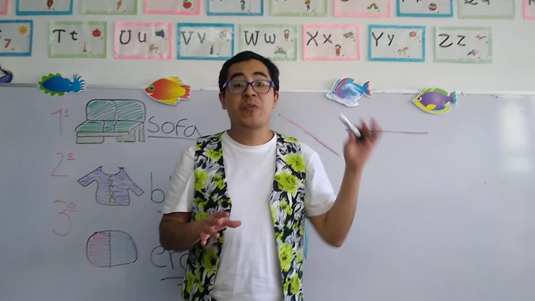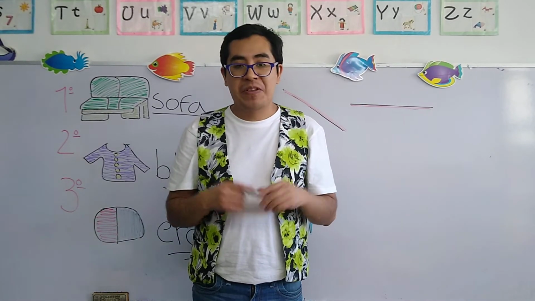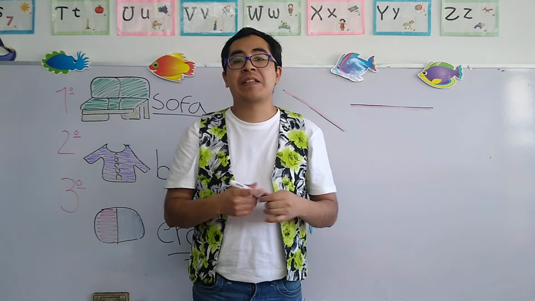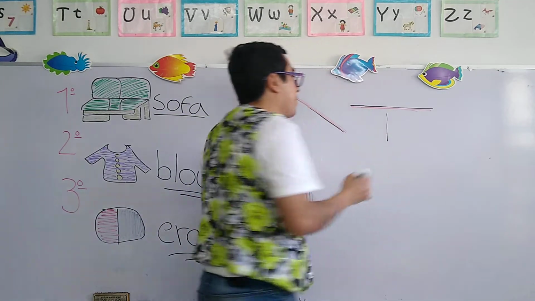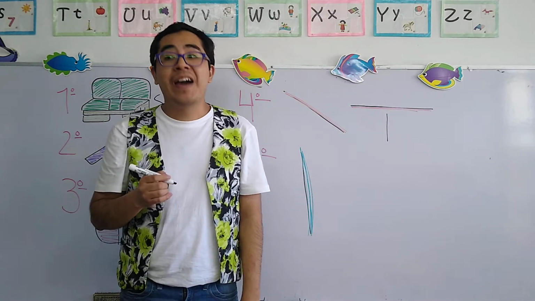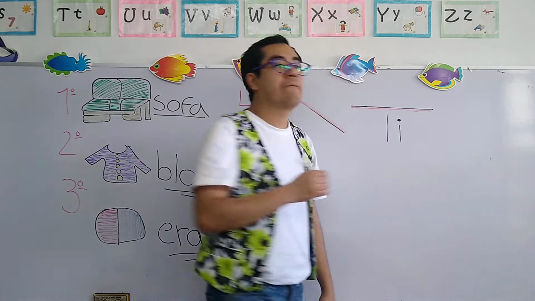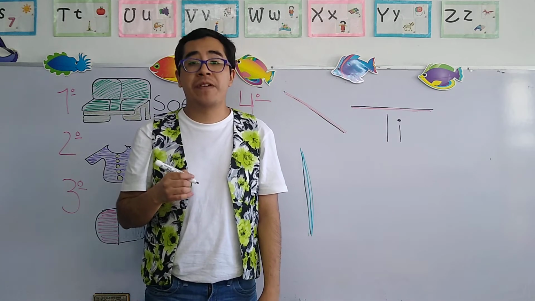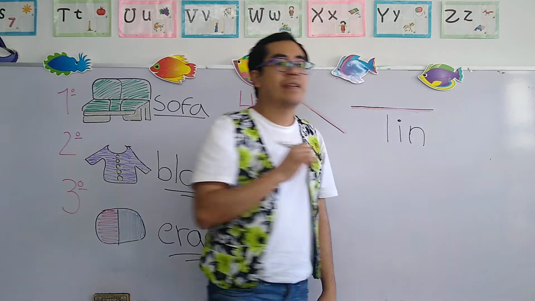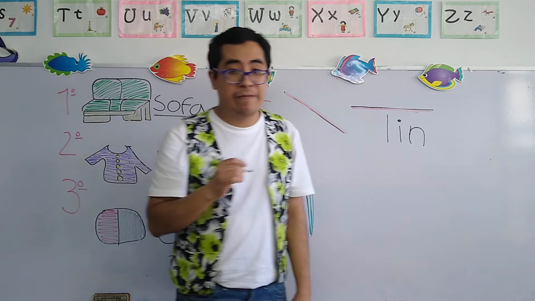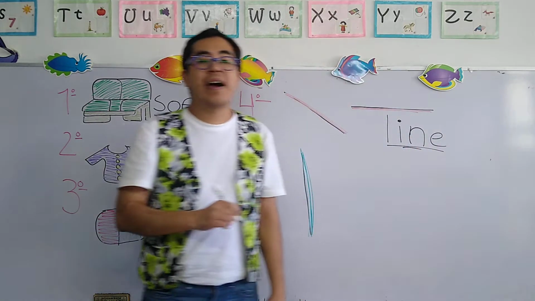So, continue with the 4th word. Remember, it's line, and we need the first letter is L, I of Indian, N of nurse, and finally E of elephant. And then we have created the word line.